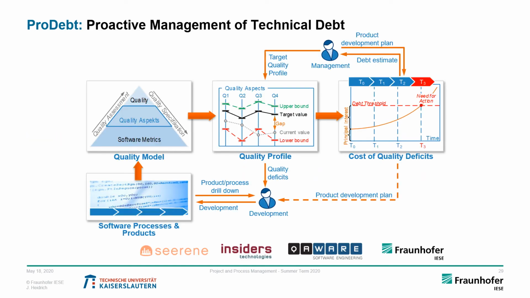So how to measure technical debt in practice? This is an approach we developed in the context of a publicly funded project together with some industry partners. But the general approach is always quite similar. First of all, you have to think about how to measure the root causes of technical debt, namely code smells or quality issues, quality deficits.